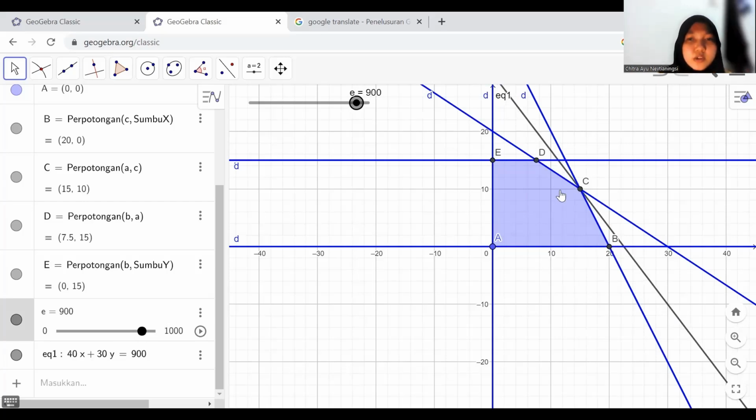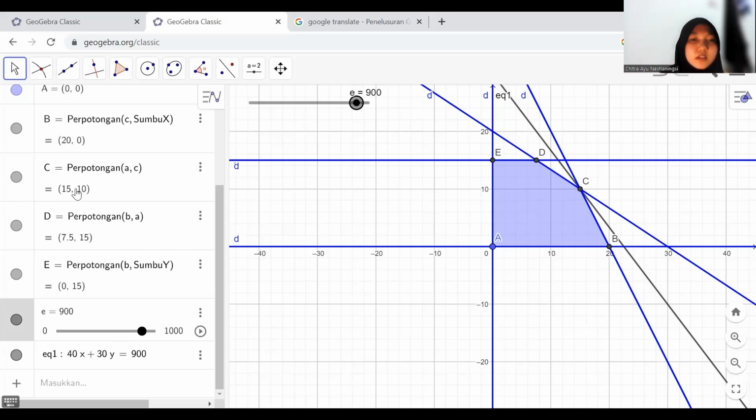So we know that the value of the objective function is maximum at point C. The point C is 15, 10. So we can conclude that the number of each unit when the profit is maximized is 15 and 10.